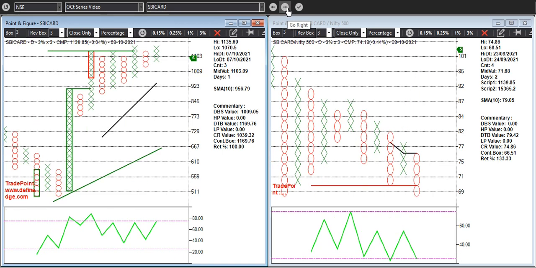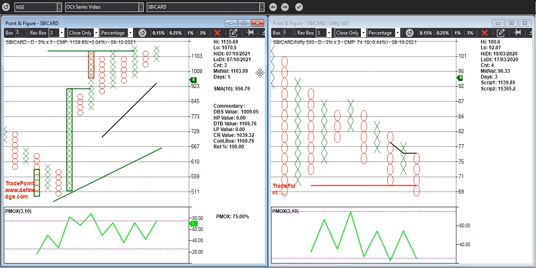SBI Cards, I will not trade. Though the price chart is going up, the relative strength is not great, because we have seen a turtle breakout in relative strength. This is a bearish turtle breakout, which is also a very strong pattern. So it's not performing well against other stocks.